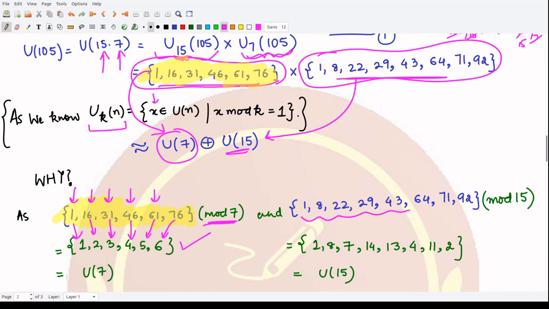Because once you calculate mod 15 of this set, you get 22 mod 15, which is 7. Then 29 mod 15 is 14, and so on.